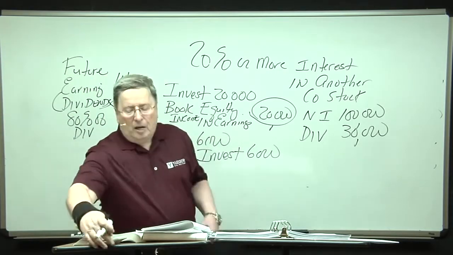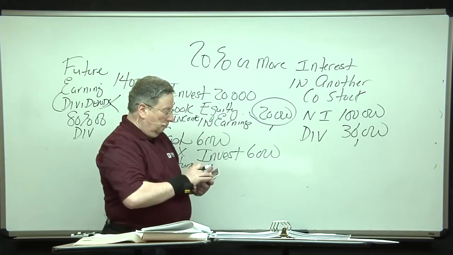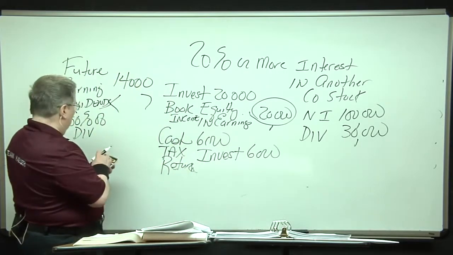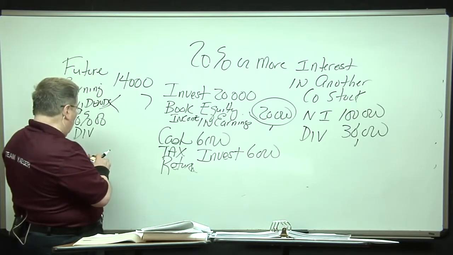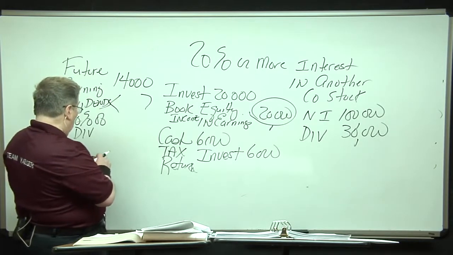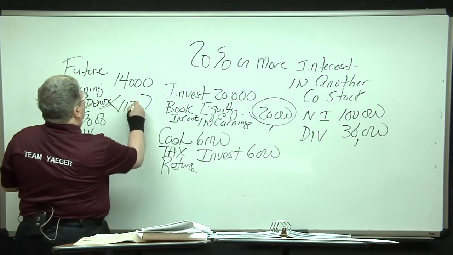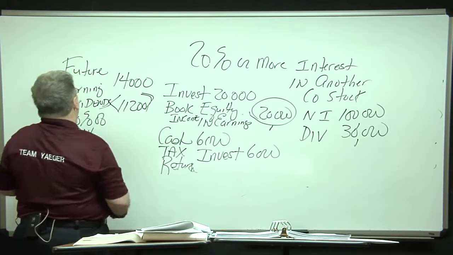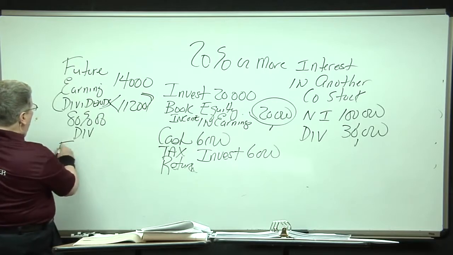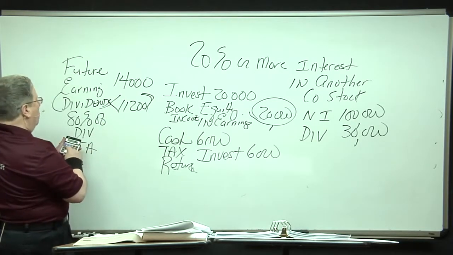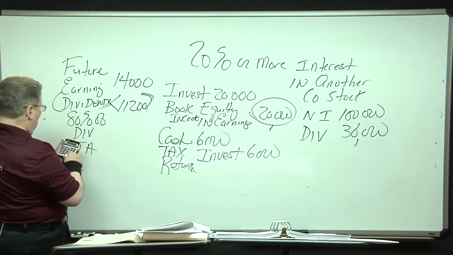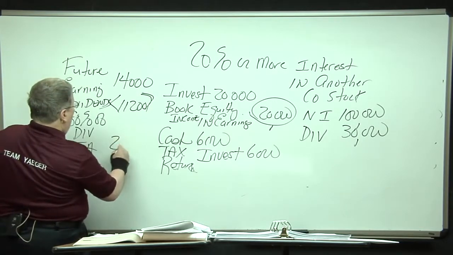So, I take $14,000 times 80%, and that's $11,200. So now my future taxable amount is going to be the difference between the 14,000 and the 11,200. It's going to be $2,800.